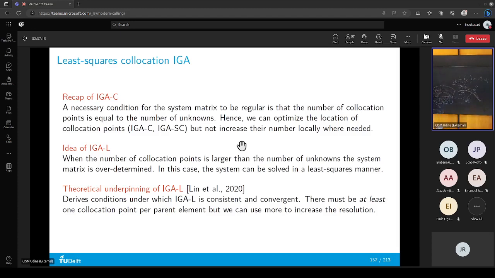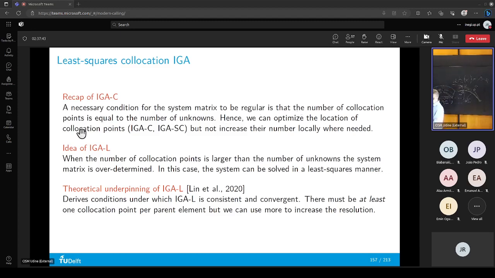Not always true, but somehow that seems to be the name of the game. Can't we use collocation, but add more points? Well, in standard IGA collocation, no matter where the collocation points are, there is the requirement that we have as many collocation points as we have unknowns. Otherwise the matrix is rectangular, so not invertible.